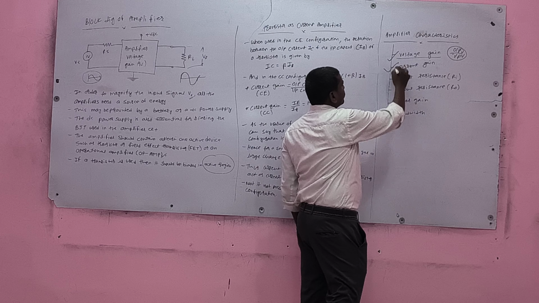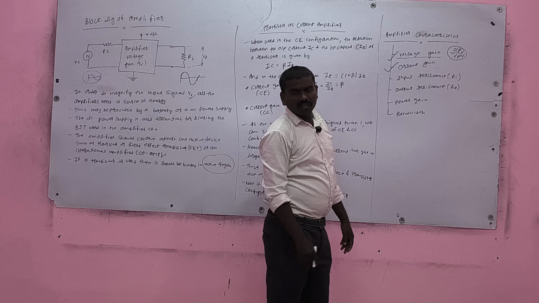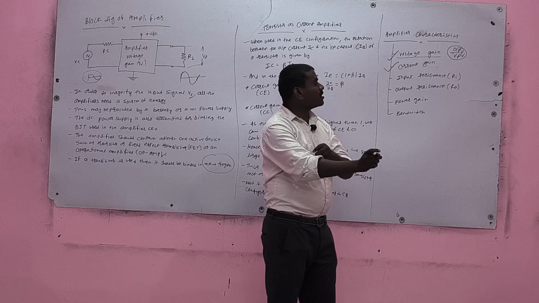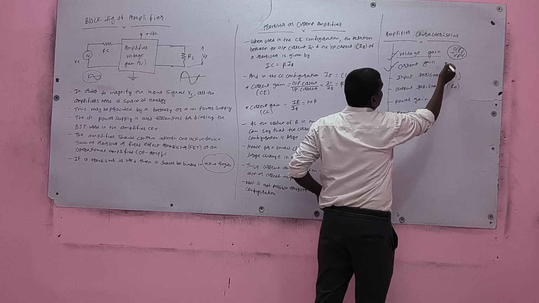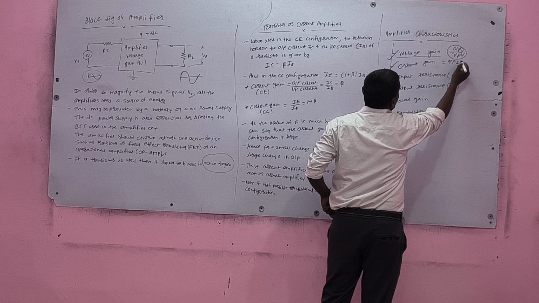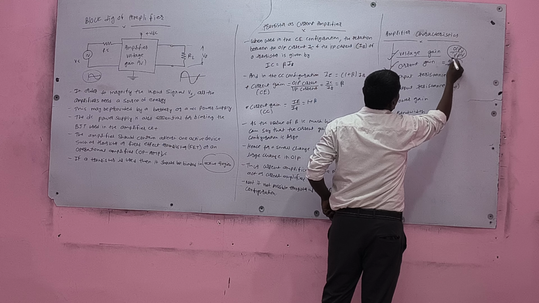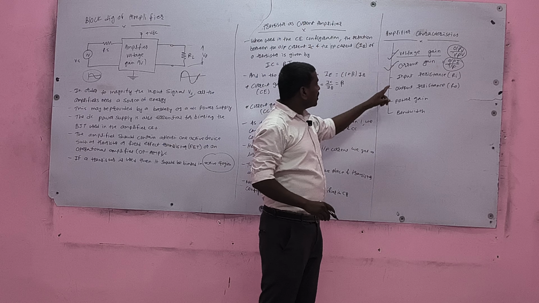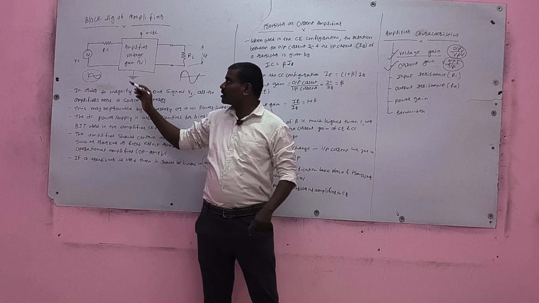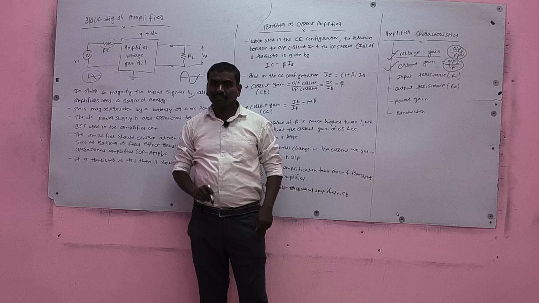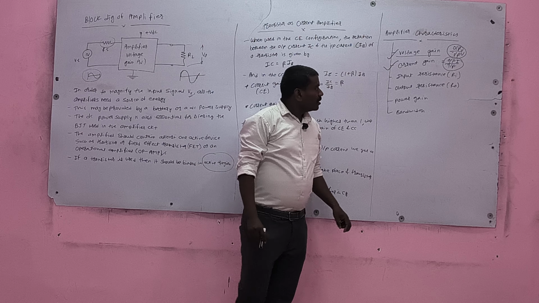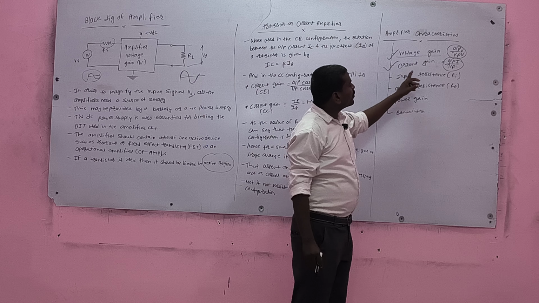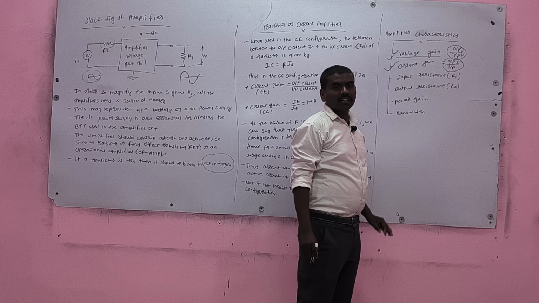Then current gain. Here also we calculate the output current to the input current of transistor or amplifier. Then input resistance. By maintaining input resistance, we can vary the current gain and voltage gain.